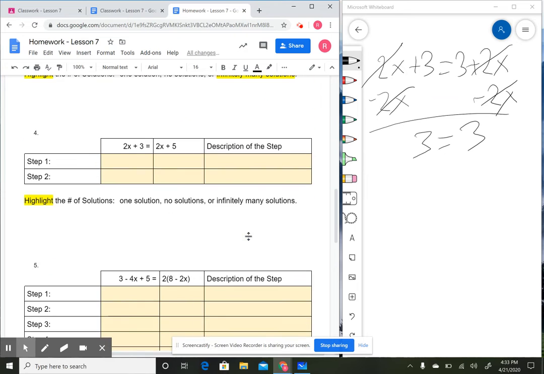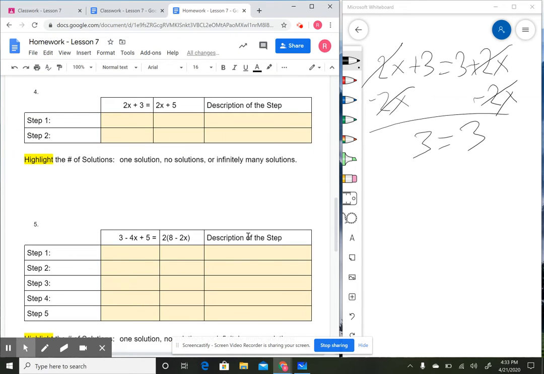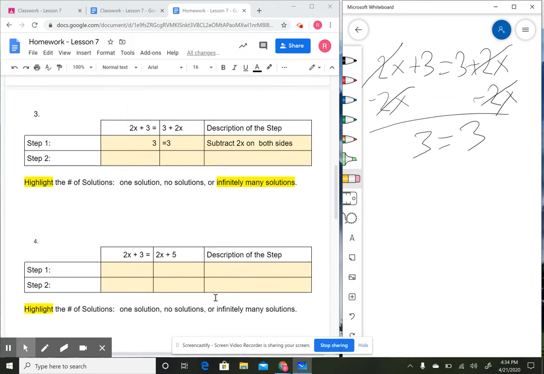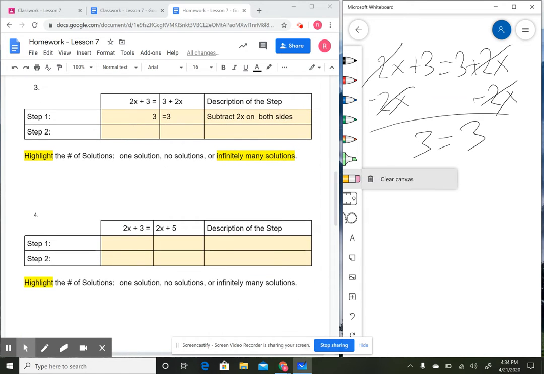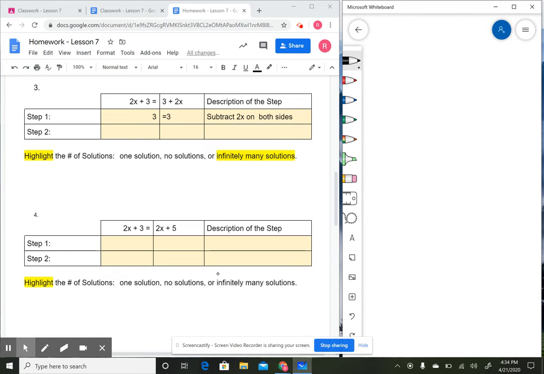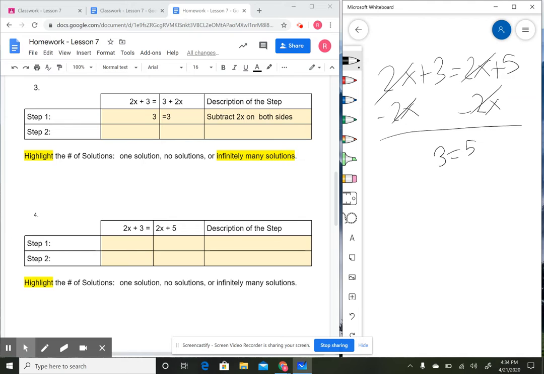Okay, going to the next one. So I'm going to do 2x plus 3 is equal to 2x plus 5. I'm going to subtract 2x on both sides again, but this time I'm going to get 3 equals 5, which is like a what? 3 does not equal 5.